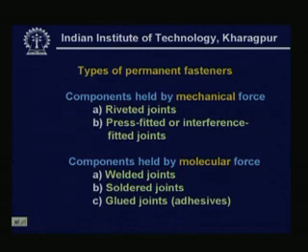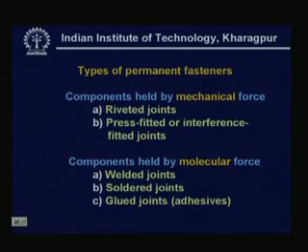So, let us come to the types of permanent fasteners. Permanent fasteners are those fasteners where the components can be disassembled only by damaging those components. So, these are permanent joints. Now, the components are held by two methods. They may be held by mechanical force, that is we give a large mechanical force such that they are held together.